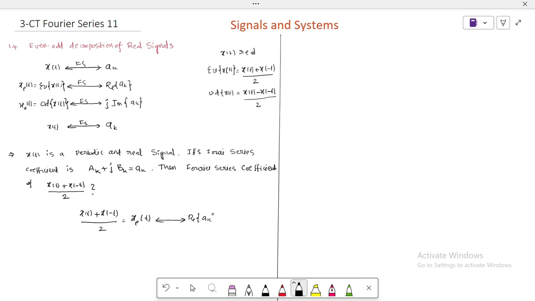So the next and last property is Parseval's relation. It's very important. It is a relation between the power of the signal in the time domain and in the frequency domain.